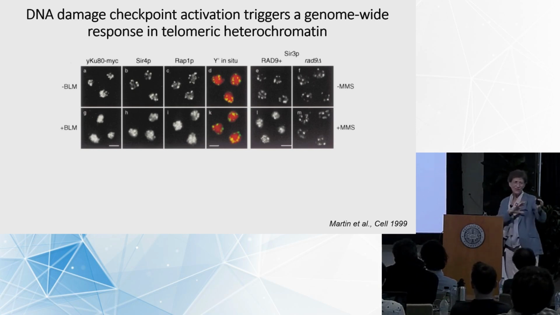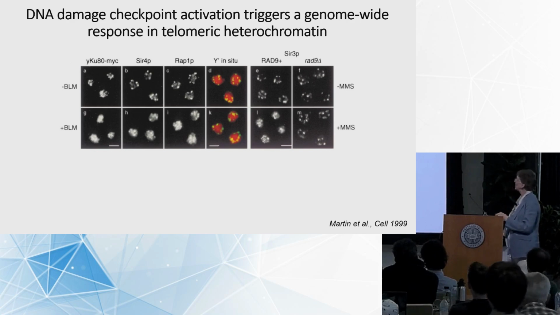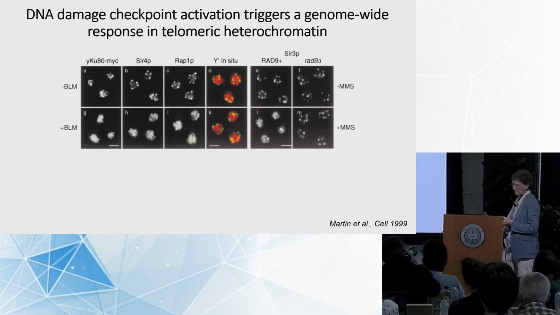So if you induce either nutrient stress or starvation or heat stress or DNA damage, the SIRs, and this was again a 1990s paper, I'm sorry to impose all this old stuff on you, but I'm sure you didn't read it, become dispersed and somewhat RAP1 in the face of DNA damage.